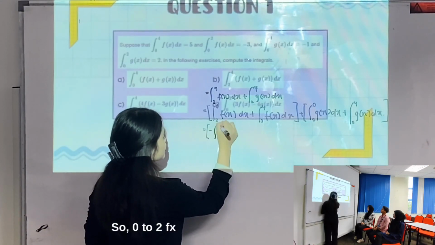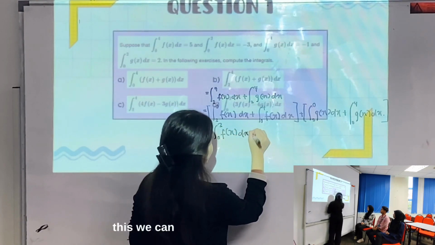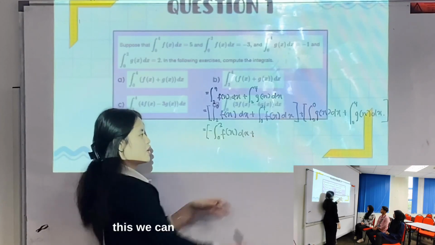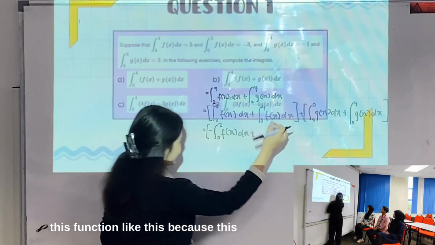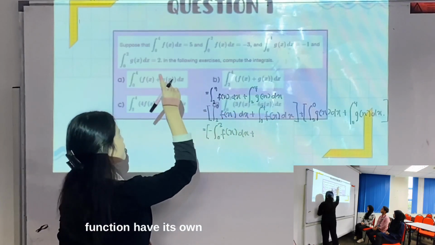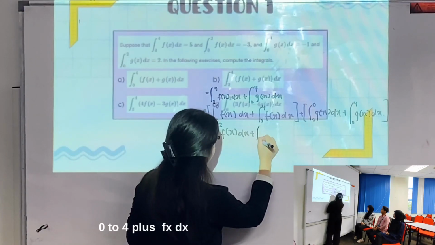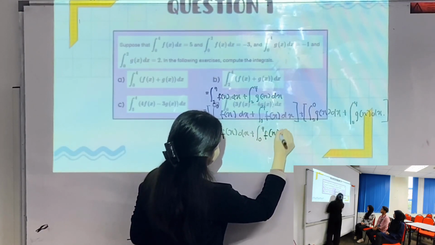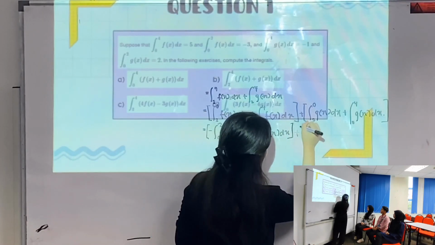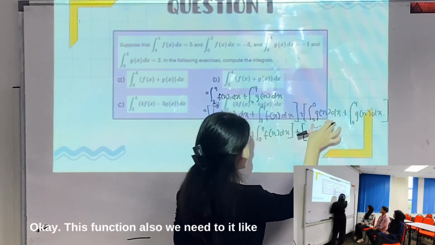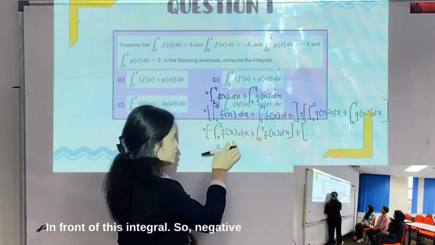So negative 0 to 2 of f(x) dx plus, we can stay this function like this, because this function has its own limit in this question, 0 to 4 of f(x) dx, plus, this function also we need to do it like this, put the negative sign in front of the integral.